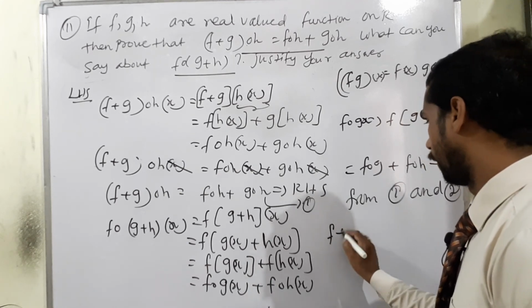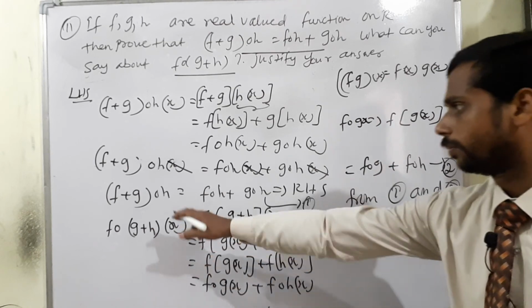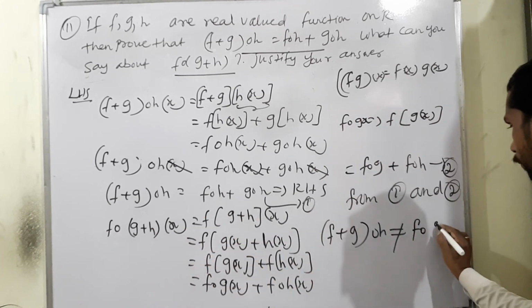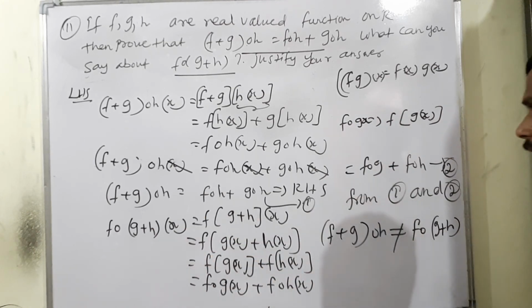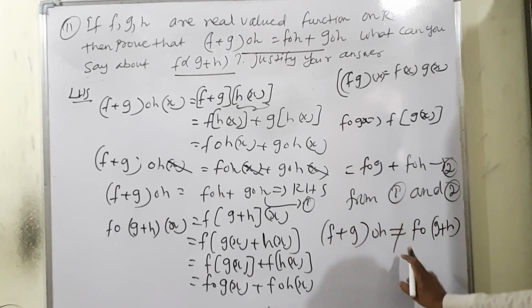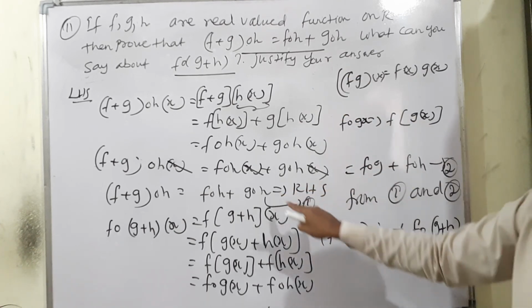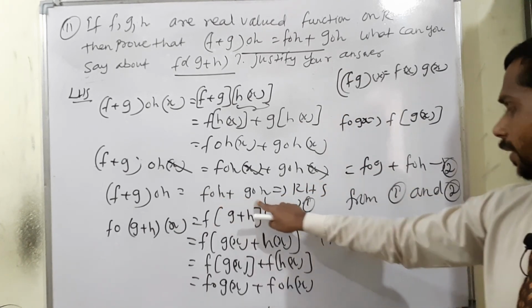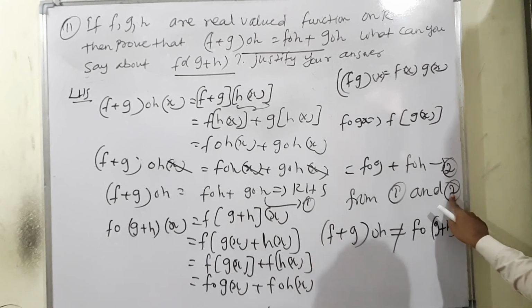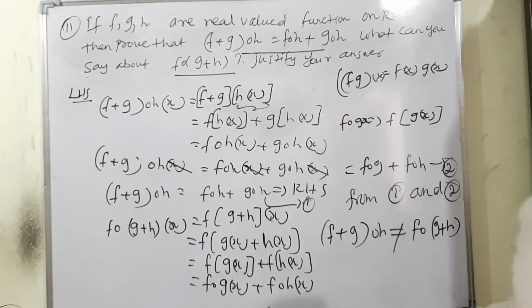Therefore, f plus g of dot h is not equal to f dot g plus h. This is not equal, isn't it? The condition will be proved now. Just, if your answer is not equal, because for equation number 1 the right hand side is f dot h plus g dot h, at the same time equation number 2 is f dot g plus f dot h. Okay, I will continue with the next question.